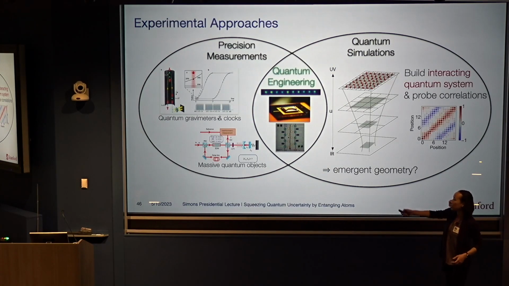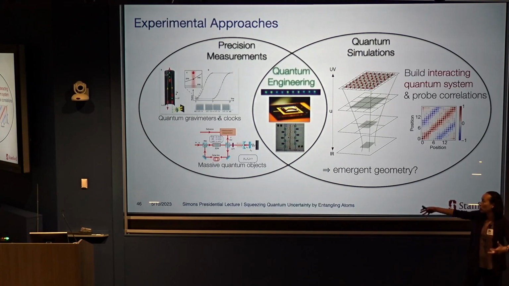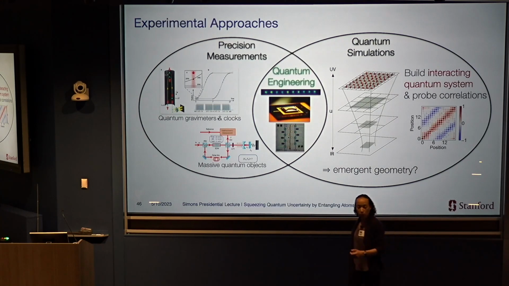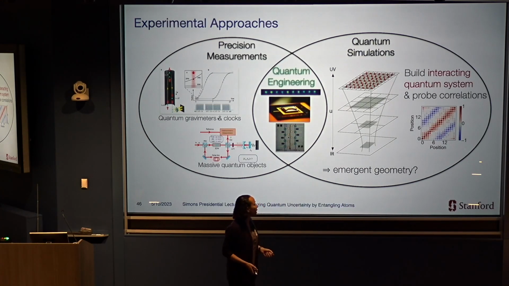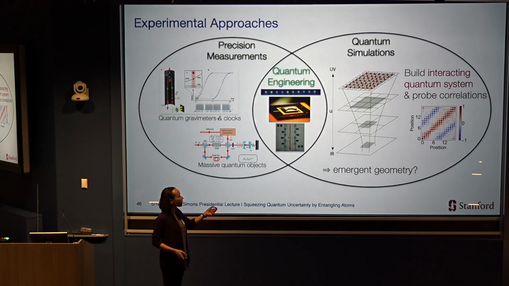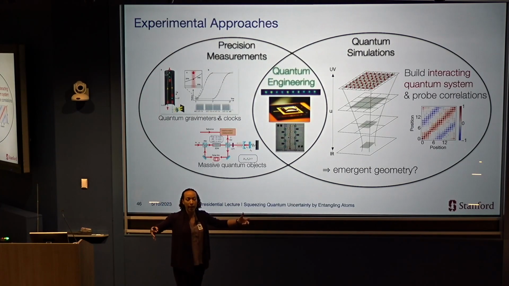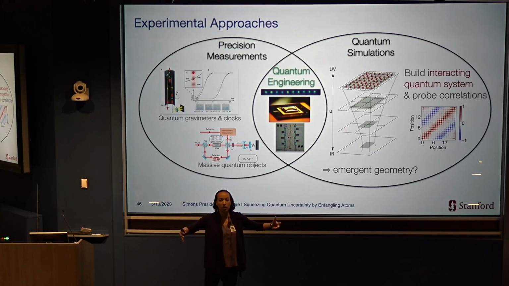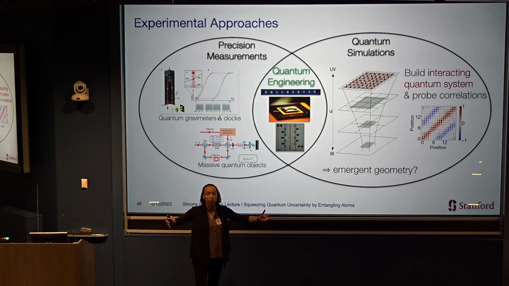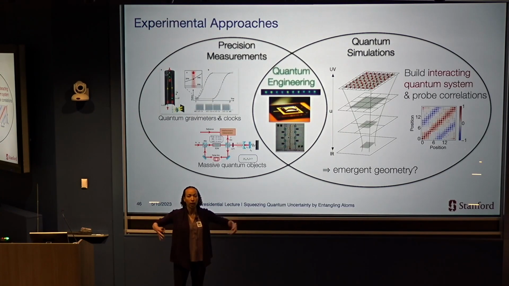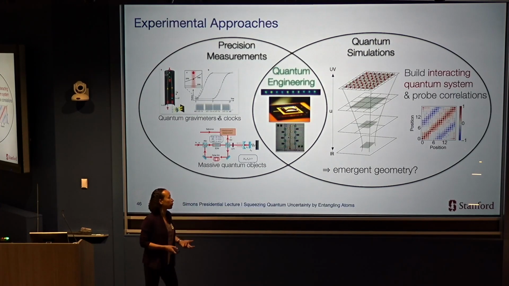And that's one place where, as I indicated earlier, quantum engineering can help. But another complementary approach is to ask, can we start from microscopics, build an interacting quantum system, probe the structure of entanglement, and see whether there are cases where the structure of entanglement is best represented by a geometric picture in terms of curved space?